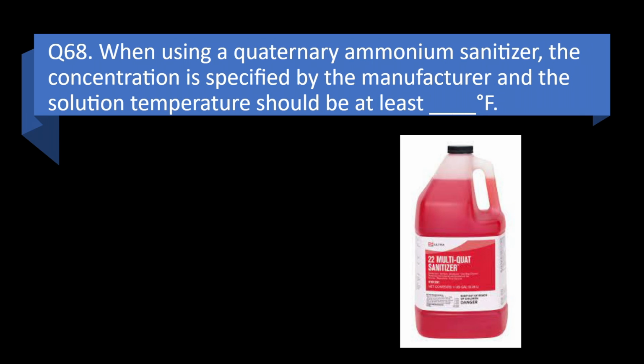Question 68. When using a quaternary ammonium sanitizer, the concentration is specified by the manufacturer and the solution temperature should be at least blank degrees Fahrenheit. 50, 65, 70, or 75. D. 75.